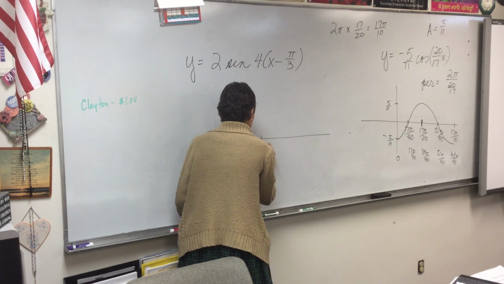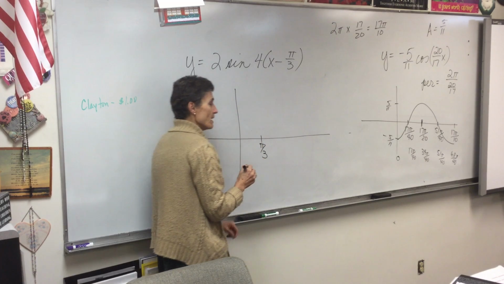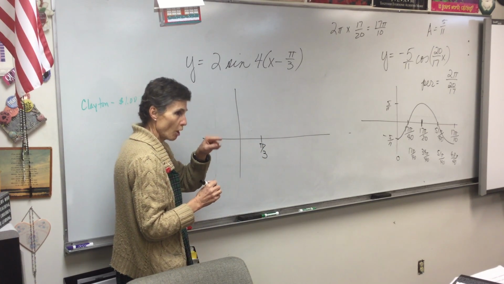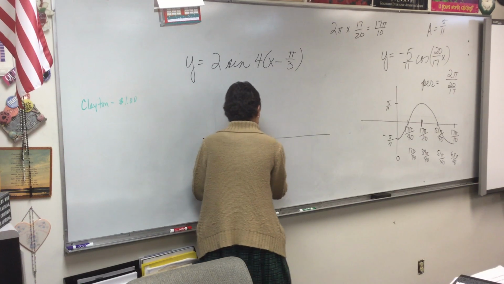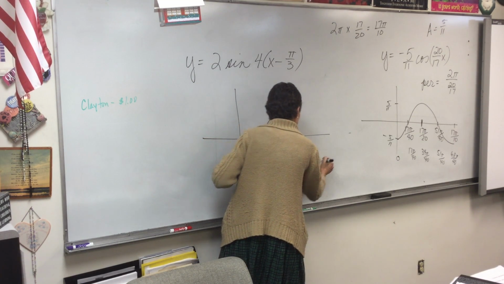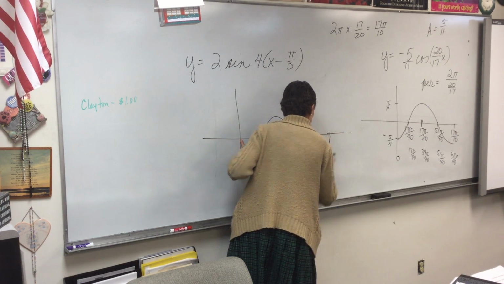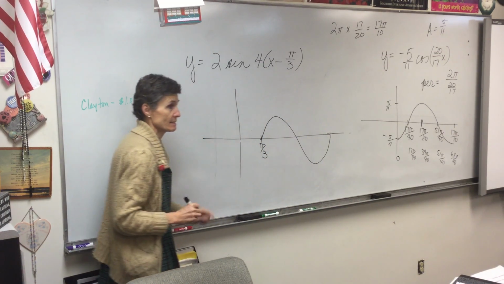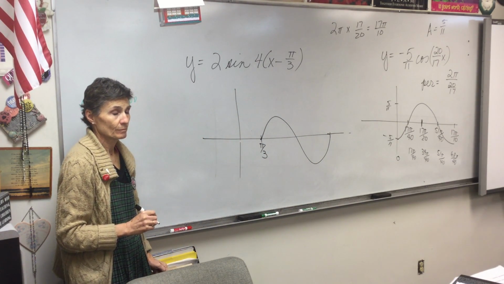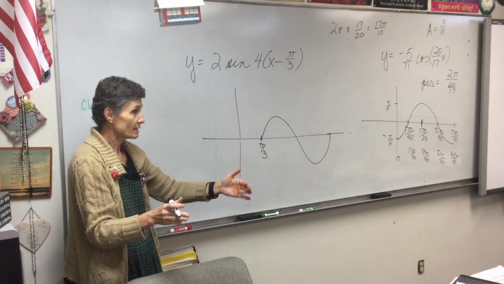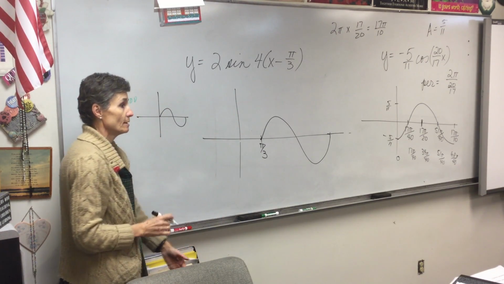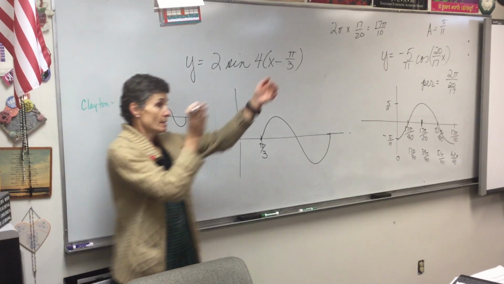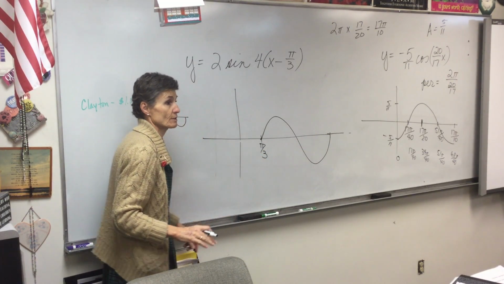That means that the curve that used to start here now starts here. Does that make sense to everybody? We have picked it up, and the normal sine curve looks like this. So we've taken that picture and shifted it over 5/3.